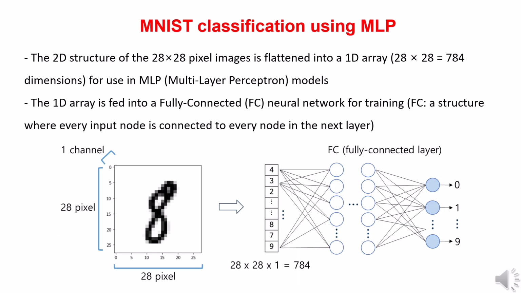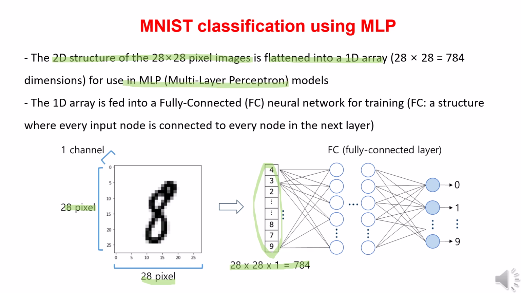First, we need to convert them into a one-dimensional format in order to feed MNIST images into a multilayer perceptron. As we discussed in the previous slide, MNIST images are 2D with a size of 28 by 28 pixels. So we flatten them into a 1D array with 784 dimensions before passing them into the MLP.